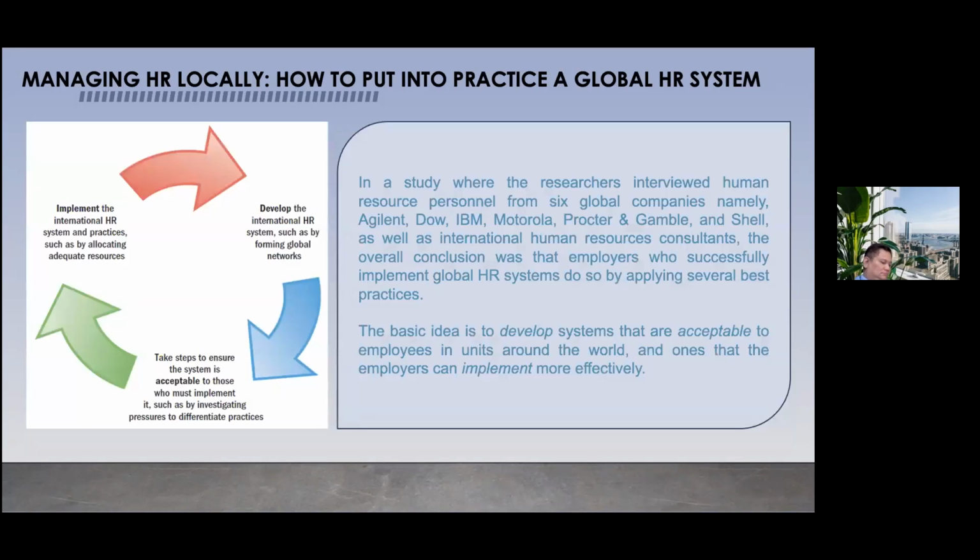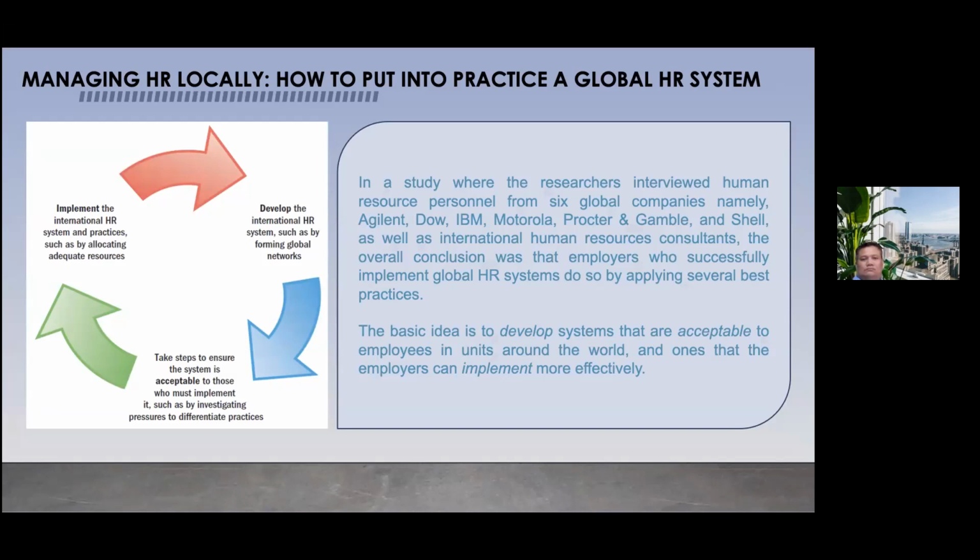In a study where the researchers interviewed the human resource personnel from 6 global companies such as Agilent, Dow, IBM, Motorola, Procter & Gamble, and Shell Oil Company, as well as international human resources consultants, the overall conclusion was that employers who successfully implemented a global HR system do so by applying several best practices. The basic idea is to develop systems that are acceptable to employees in units around the world and ones that the employers can implement more effectively.